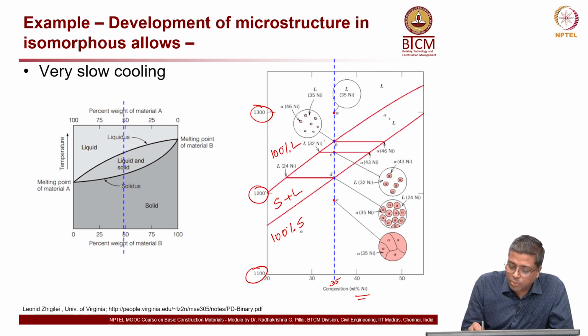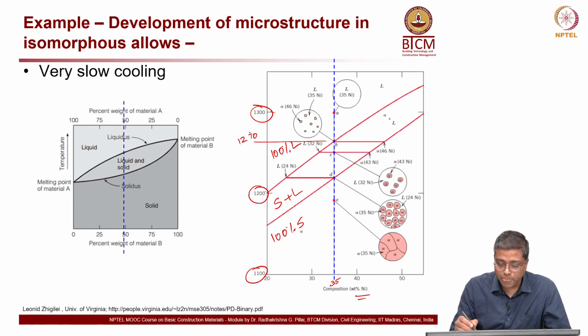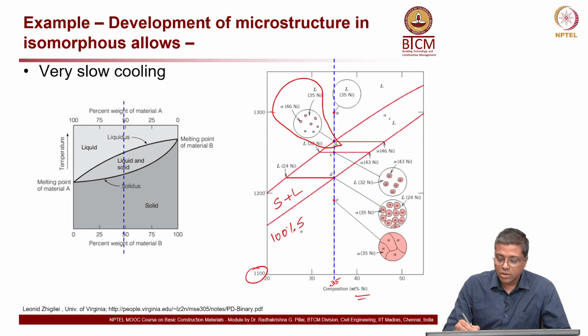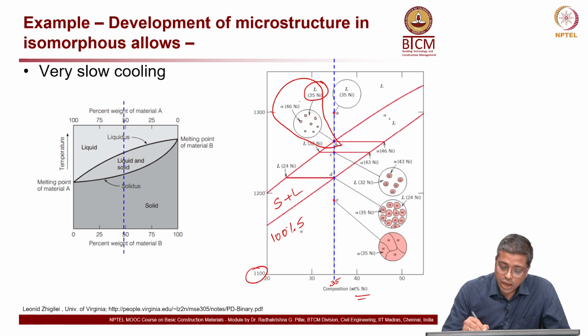Now, point B is at about 1250, 1260, 1270 approximately. This point has a combination: you have liquid phase and also alpha phase.